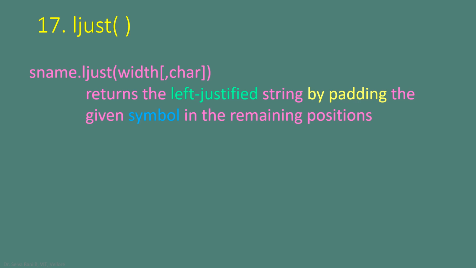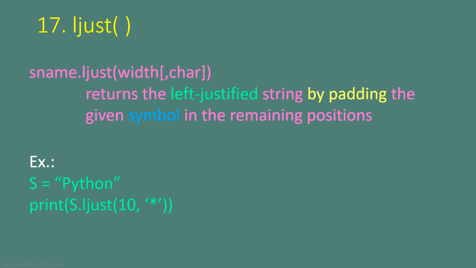ljust. This is a method which will return the left justified string by padding the given symbol in the remaining positions. The symbol we can give along with the method itself. The syntax is s name dot ljust(width), and the character can be given as an optional one.